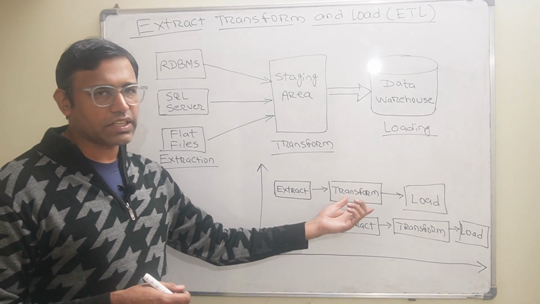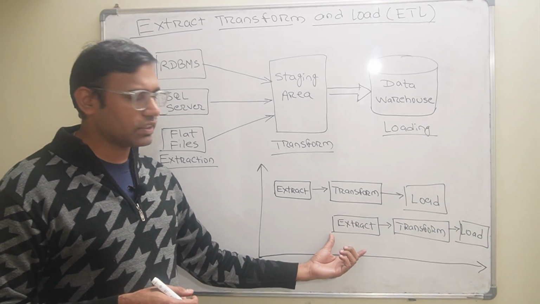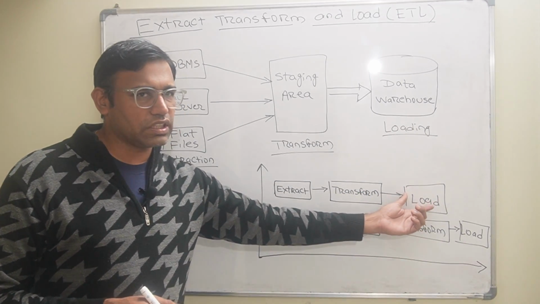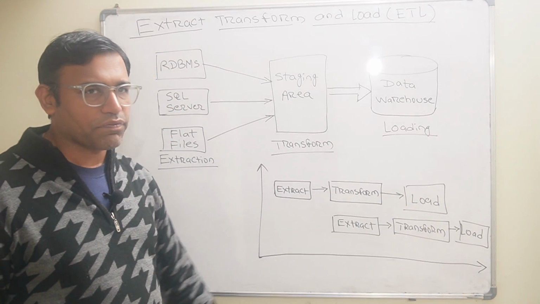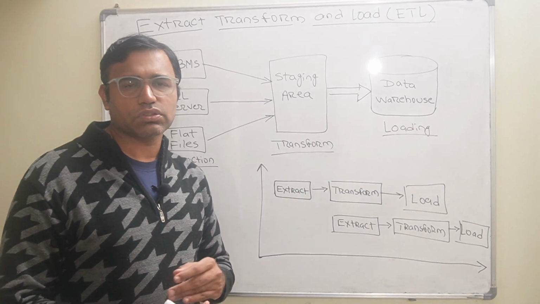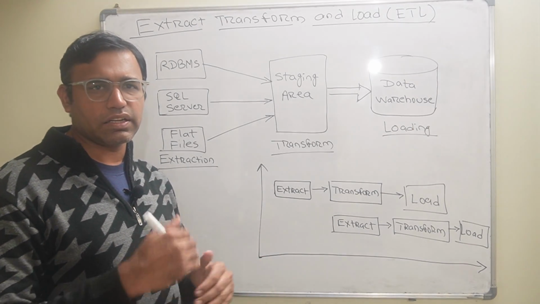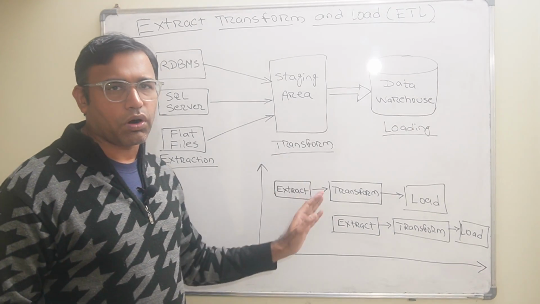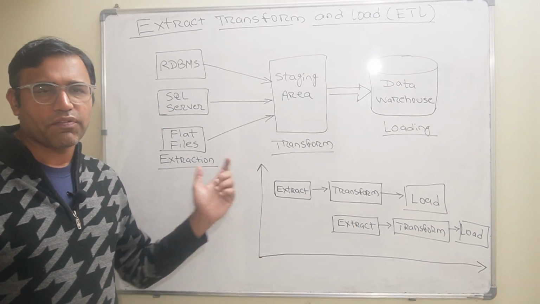While the previous data is in the transform phase, new data arrives which is extracted, then it goes into the transform phase. So this data is loaded, this data is in the transform phase, and so on. This is how we can automate the process. Instead of sending the data in a batch process, we can send the data in parallel for extract, transform and load. So this is how the ETL process works.